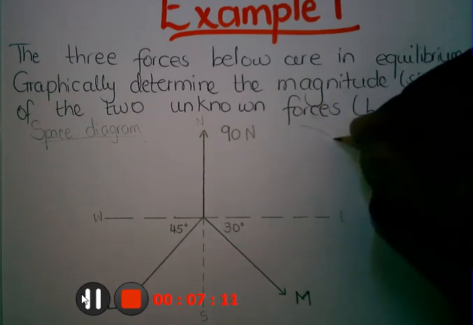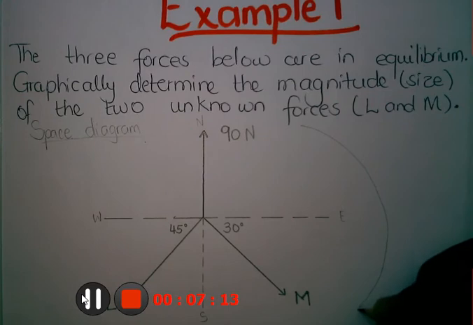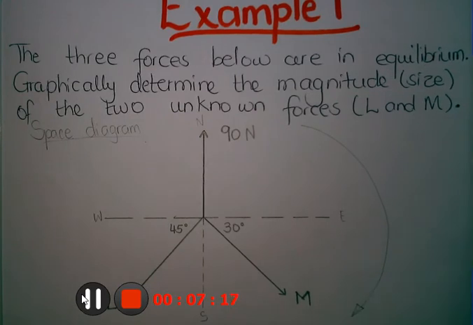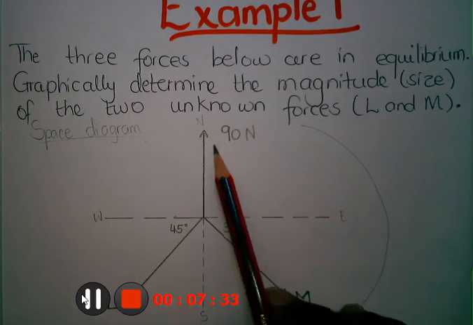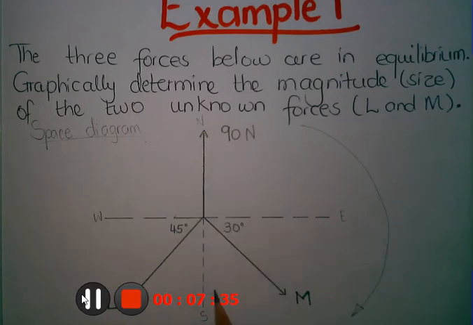Now let me show you. If you are going clockwise, let me say you start moving from the east, and then you are going clockwise. You find the first unknown, and then you find the second unknown, which is the last unknown that we have when we are moving, and then the first known will be the 90 newtons.